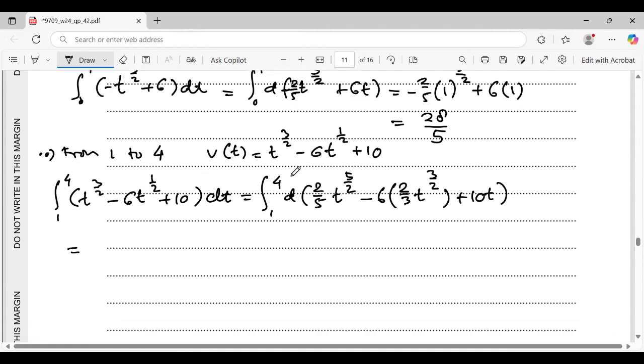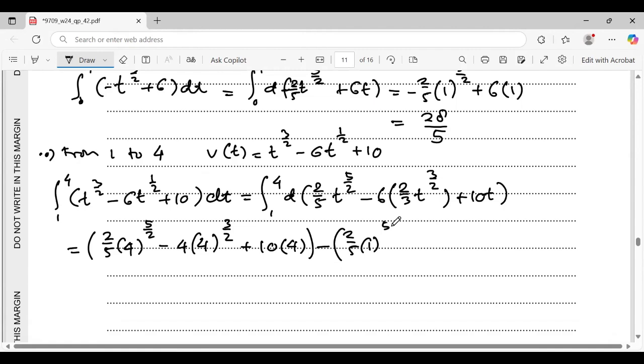So it becomes substitute 4 and substitute 1. 2/5 times 4 to the power 5/2, minus 4, because 6 times 2/3 equals 4, times 4 to the power 3/2, plus 10 times 4, minus substitute 1: 2/5 times 1, minus 4 times 1 to the power 3/2, plus 10 times 1.